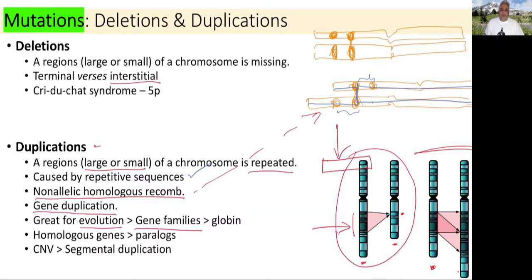Humans have 14 of those genes, and they are active in different tissues and also at different times during our life cycle. But that's a different lesson. But the globin gene family has to be giving credit to gene duplications for its present day existence.